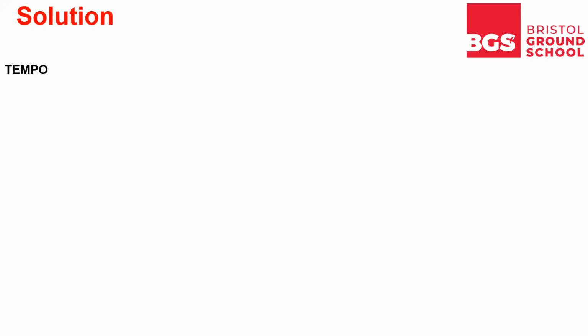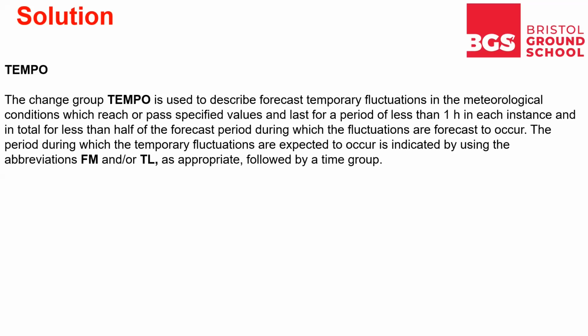Next, let's have a quick look at TEMPO. The change group TEMPO is to describe forecast temporary fluctuations. And on a TAF, the basic rule is that these temporary fluctuations must last for a period of less than 1 hour in each instance, and in total for less than half of the forecast period that the TEMPO is quoted for.